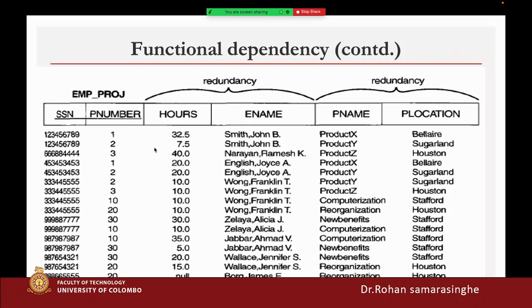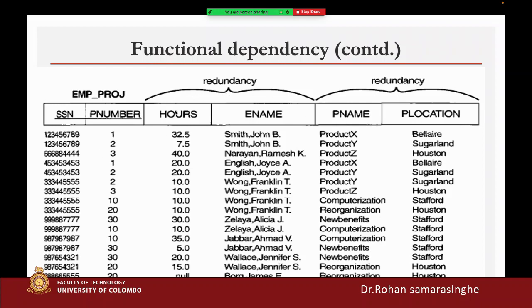Here is the example of that relation: employee project, SSN, project number, hours, employee name, project name and location. So you can see these data are redundant.